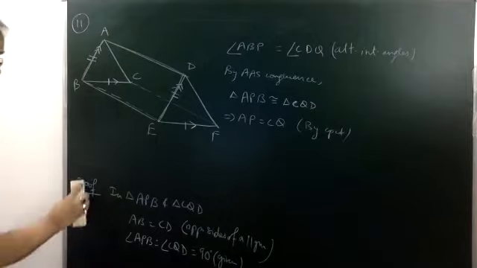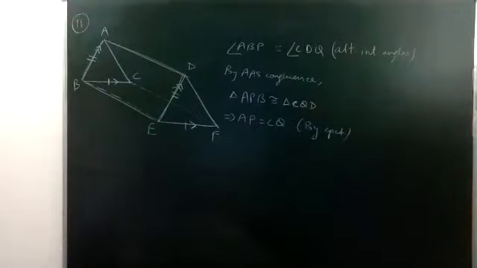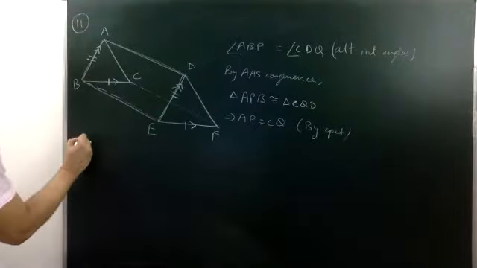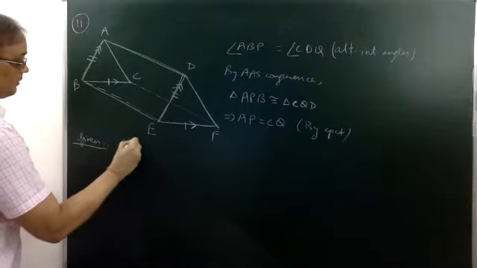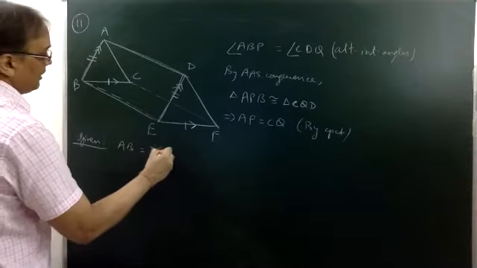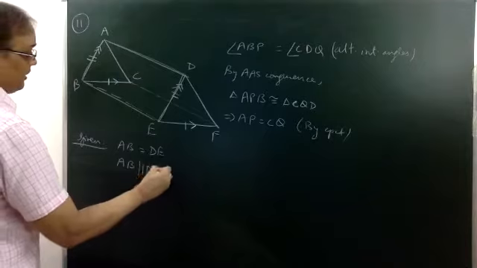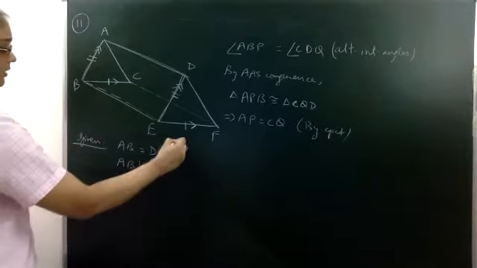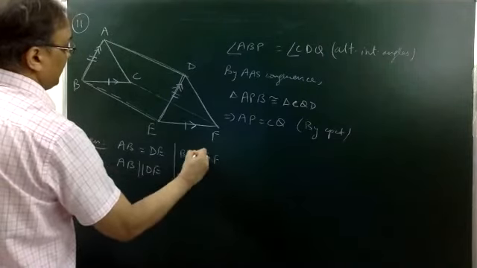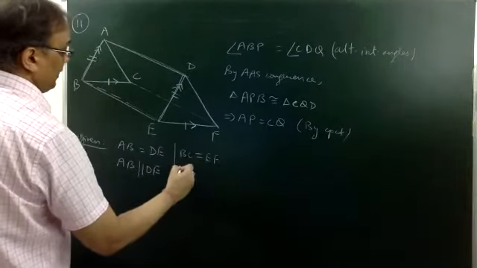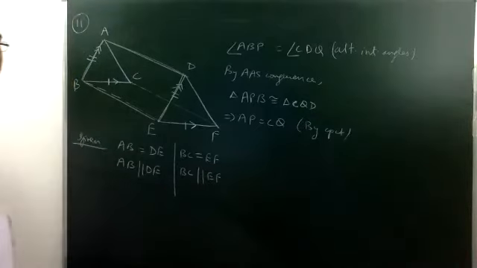So given, AB is equal to DE, AB is parallel to DE, then also BC is equal to EF and BC is parallel to EF as well.